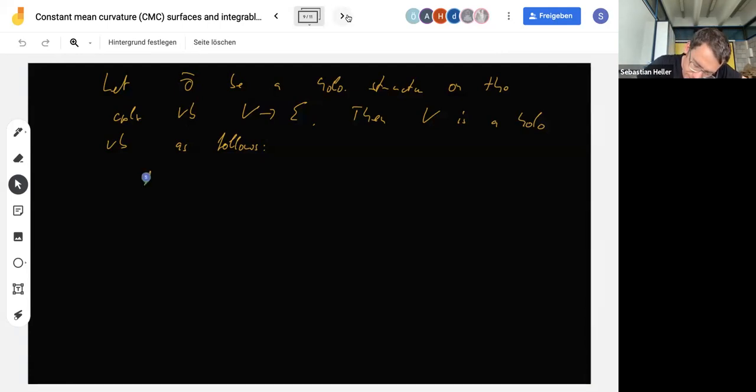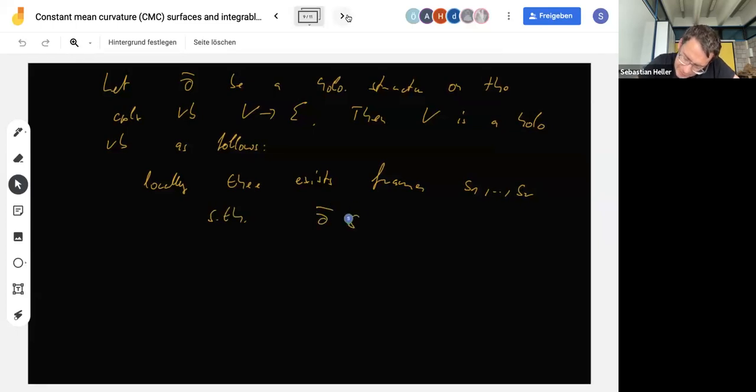So if we restrict to small open neighborhoods of arbitrary points, there exist frames given by sections s_1 to s_r, where r is the rank of the bundle, with the property that del bar of s_i is 0 for all i from 1 to r. And this works always locally.